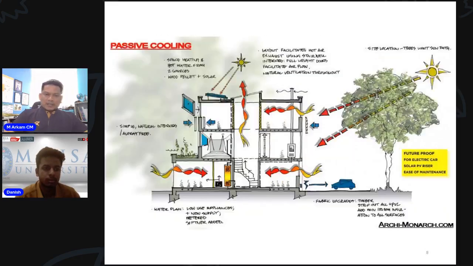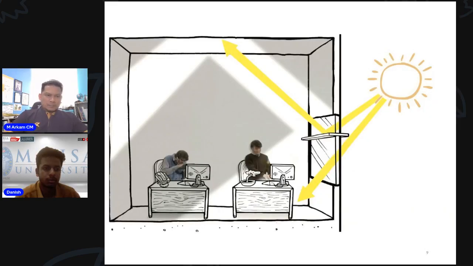And later, other than what we call thermal comfort, this is visual comfort, where we can bounce light from the exterior into our area, our working space, and we can get glare. For example, you can see the shadow over here, and this fella is looking into the monitor with bright glare, high brightness coming from the window, and this other person is looking at the computer from under the shadow.